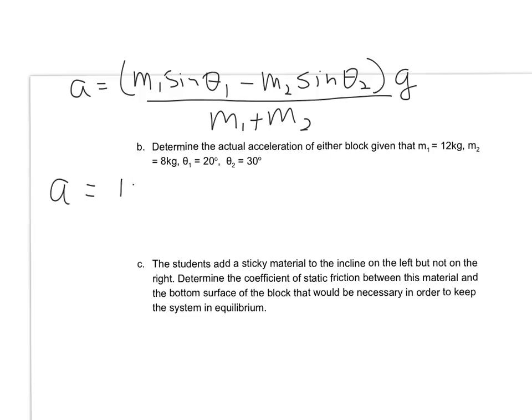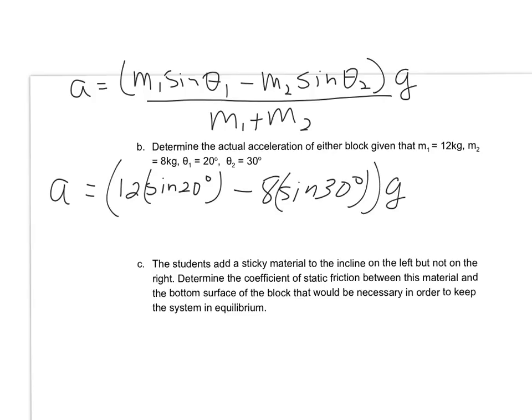So 12 times the sine of 20, 12 sine 20 minus 8 sine 30. That all gets multiplied by g, which we'll take to be 10, and then adding the masses together, 8 plus 12, or 20 in the denominator.